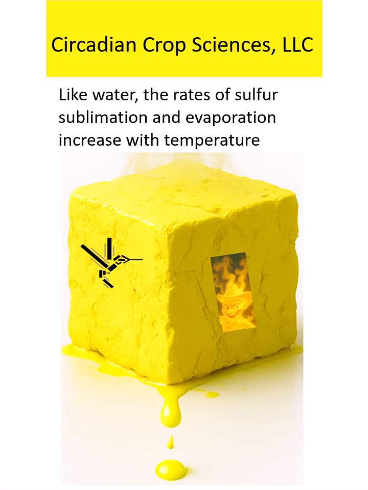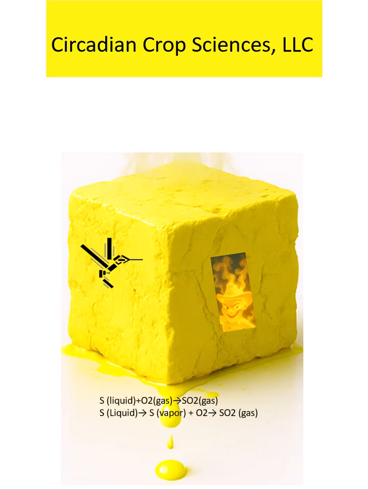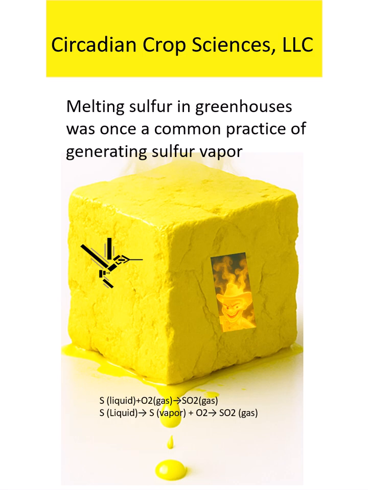Like water, the rates of sulfur sublimation and evaporation increase with temperature. Melting sulfur in greenhouses was once a common practice for generating sulfur vapor to control pests in greenhouses.